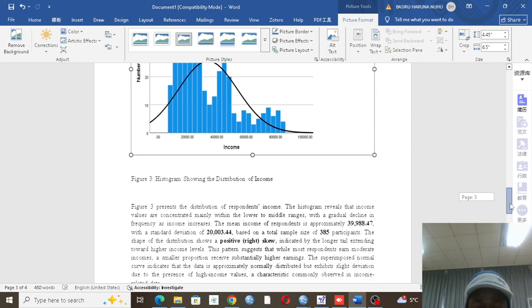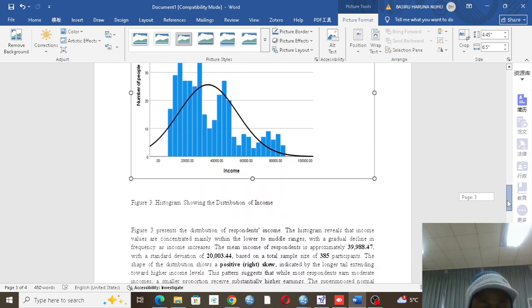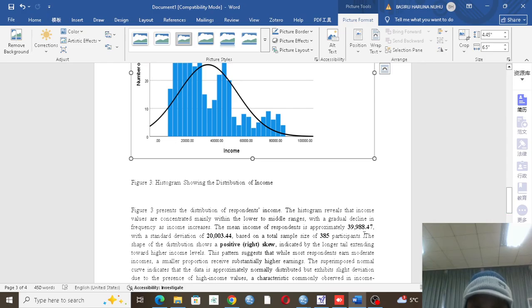The mean income is, then they quote this figure, with standard deviation based on the total sample size of these participants. The shape of the distribution shows a positive, that's right skewed, indicated by the longer tail extending toward higher income levels. This pattern suggests that while most respondents earn moderate income, a smaller proportion receives substantially higher earnings.